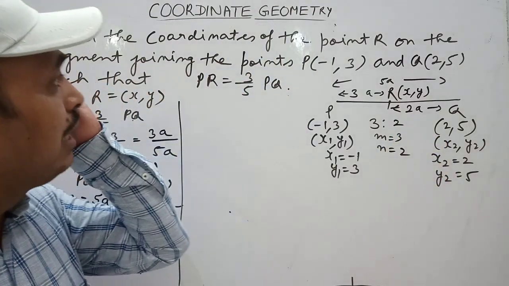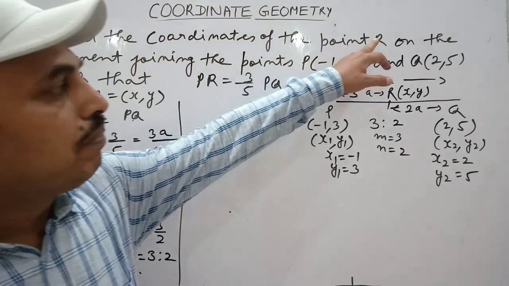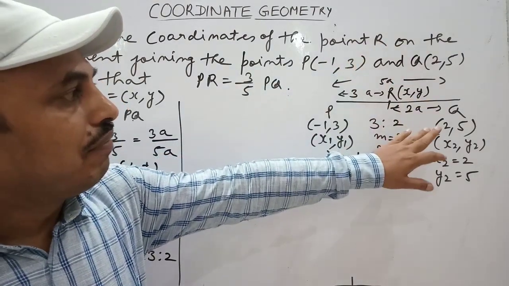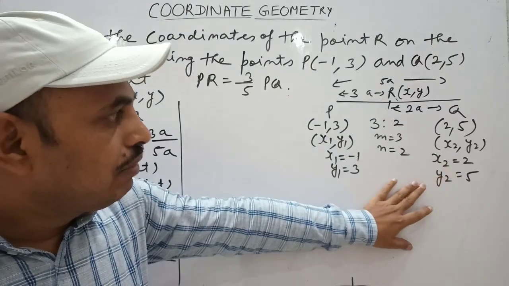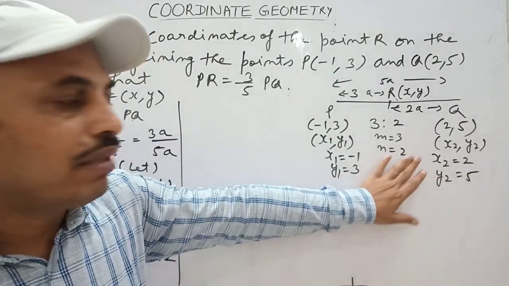Now we have to find the coordinates of the point R. So we can find the coordinates of point R by using the section formula.